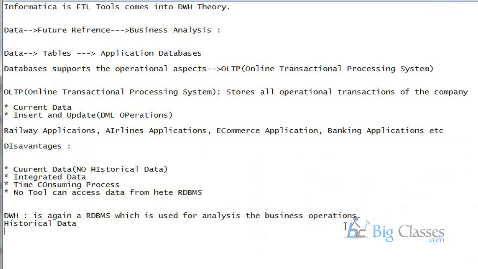of the business operations. With a data warehouse, I can make decisions in a better way when we have the data in the data warehouse. So that is the reason a data warehouse is called a decision supporting system.